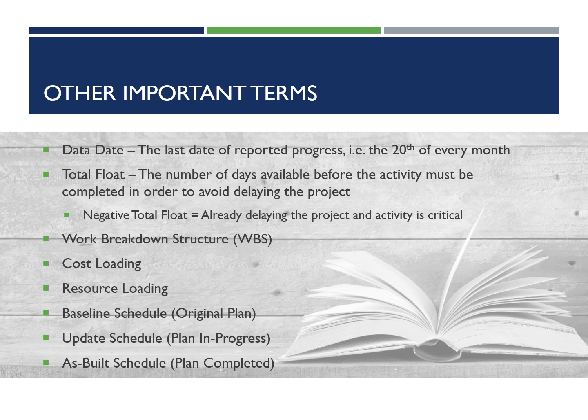If you are indicating a negative number on your total float, that means it is already delaying the project. The activity is critical and it's impacting the project completion date. So negative total float activities are ones you especially want to pay attention to.